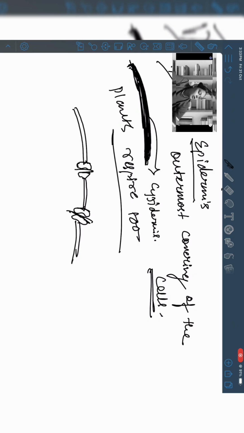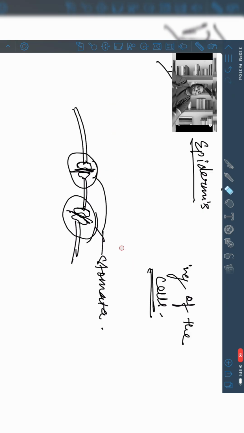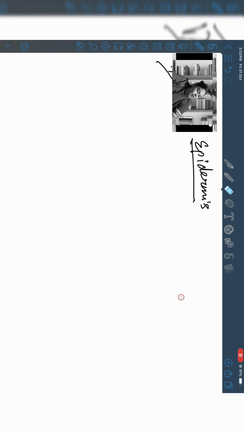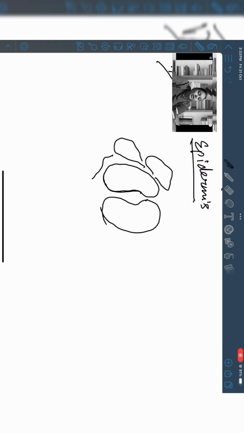These are called the guard cells. These surrounding cells are the subsidiary cells. And this right here is the stomatal opening. So when this space opens, the air enters the plant. When this closes, there is no passage of any air. So this opening and closing of the stomata is done by guard cells.